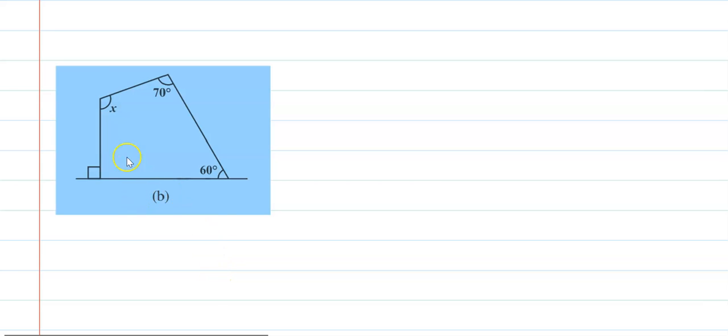See this figure. Here the measure of angle is 90. Therefore, these are the linear pair angle. Measure of this angle, which is the 90.